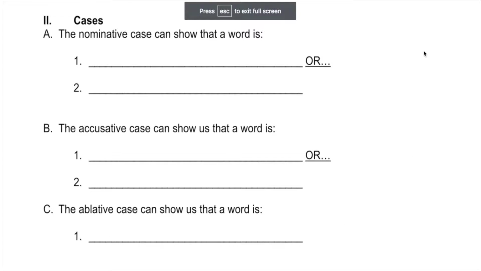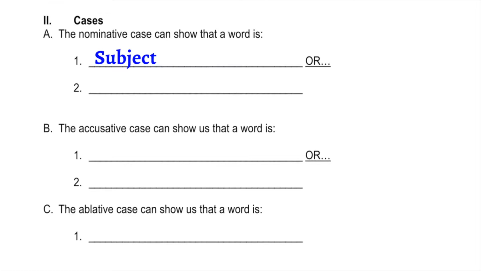Okay, I want you to take a few seconds and think about A, B, and C in this part that are describing the functions and the purposes of the different cases we have. So the nominative case can show us that a word is the subject. Of course, the subject is the one doing the action of the verb in the sentence. But the nominative case can also be a complement. So remember the term complementary nominative.